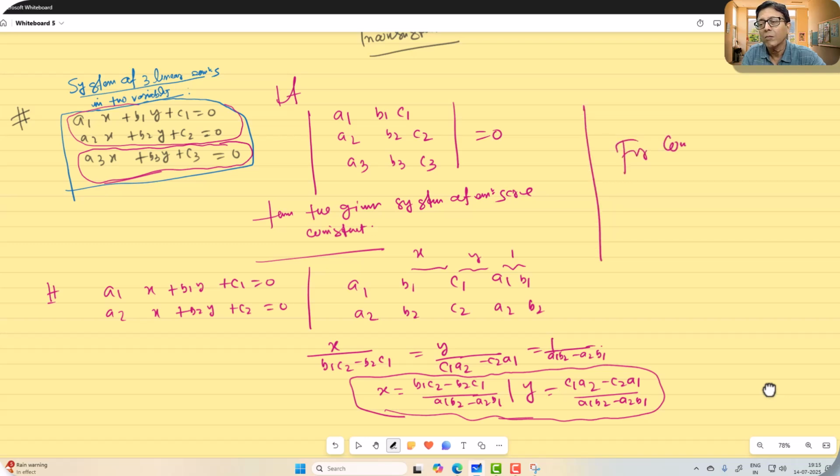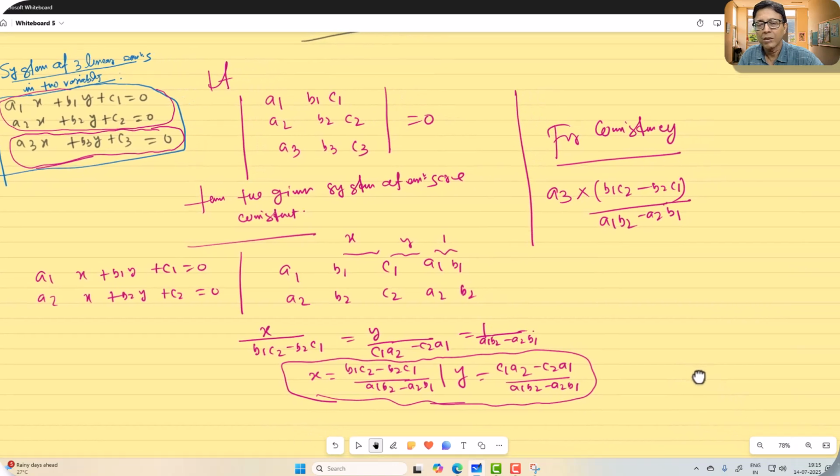For consistency, A3 into B1 C2 minus B2 C1 by A1 B2 minus A2 B1, plus B3 into C2 A1 by this, plus C3 must be equal to 0.